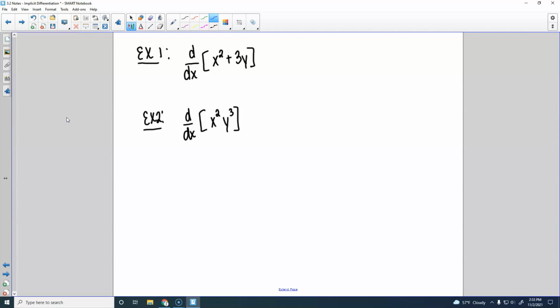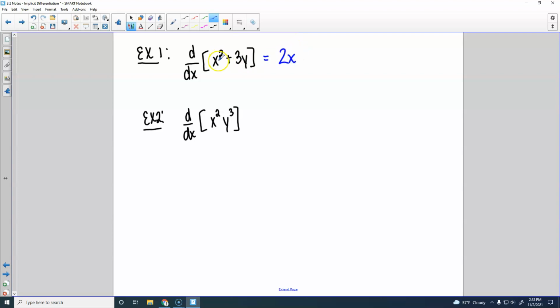No, it's not 6y. All right, so basically what you need to know is if you take a derivative of something with a y, and you're taking that derivative with respect to x, which right now we're pretty much always going to be doing, you have to put dy dx with it. When I take the derivative of x squared, it's 2x.